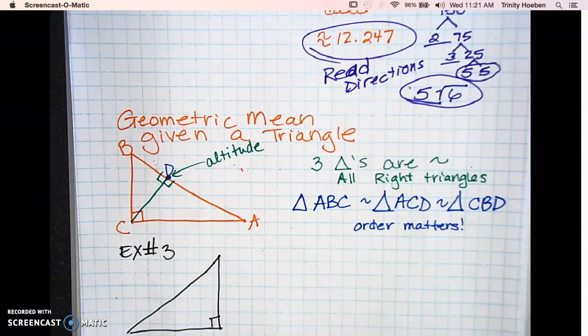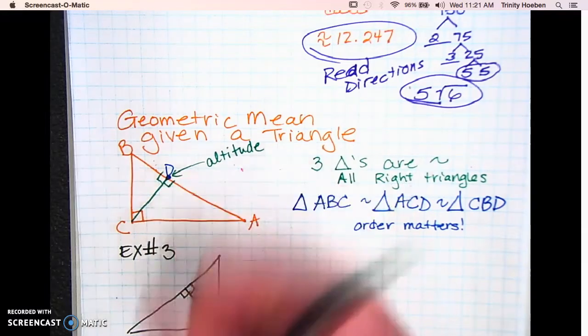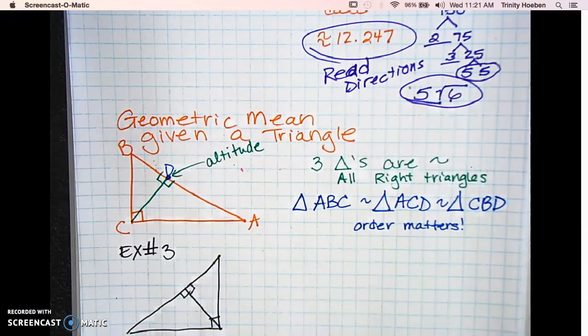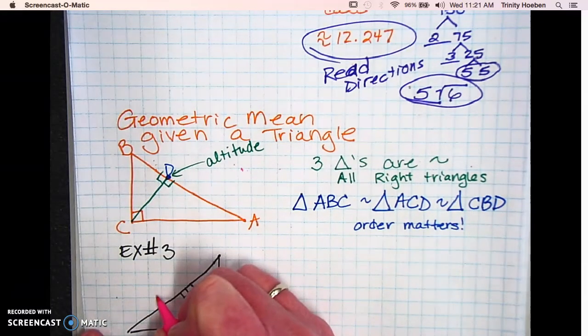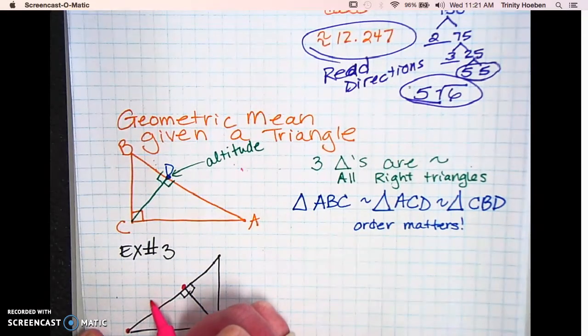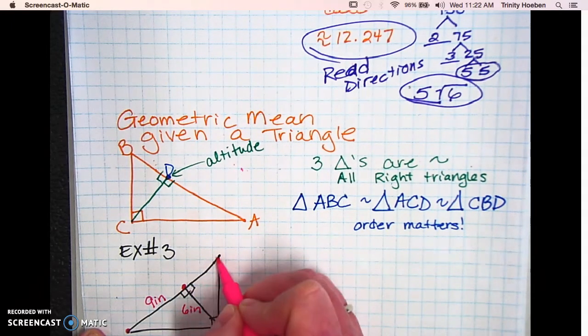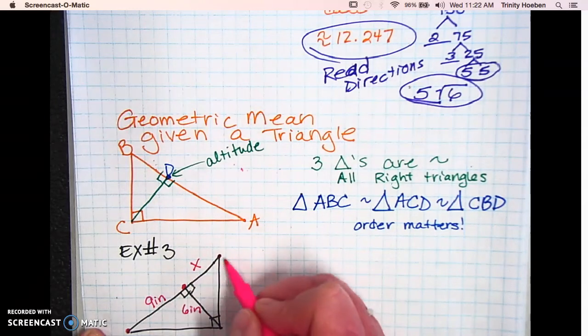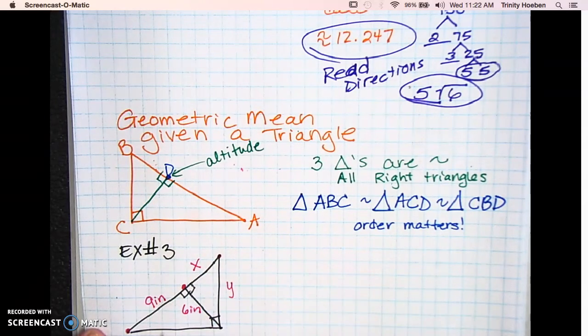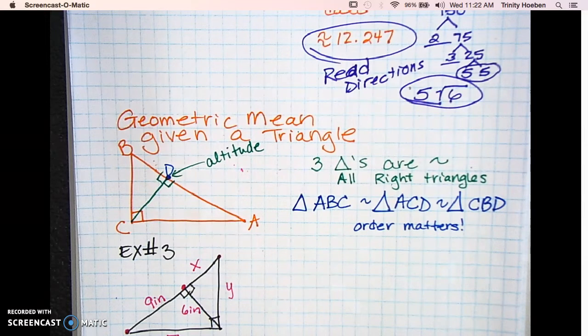Oh, I need to draw in the altitude right here. From this point right here to this point right here is 9 inches. And the altitude right here is 6 inches. This little piece from here to here we'll call X. This side over here we'll call Y. And this side over here we'll call Z.